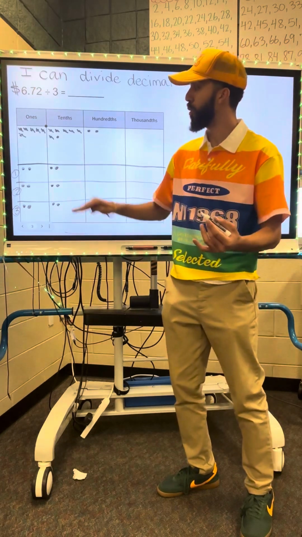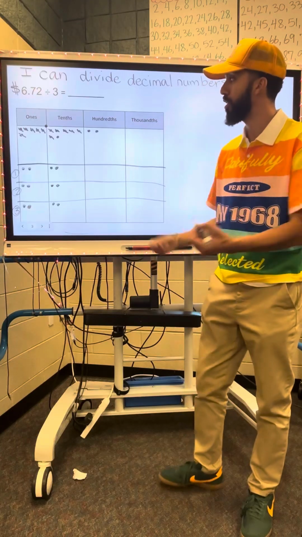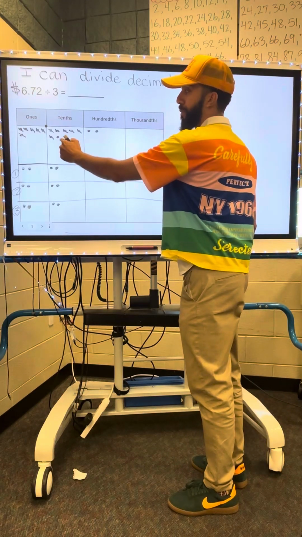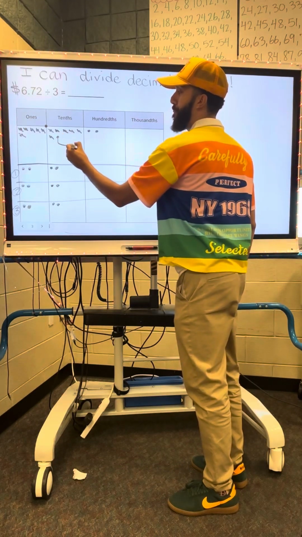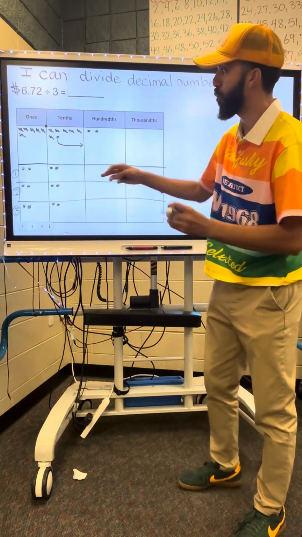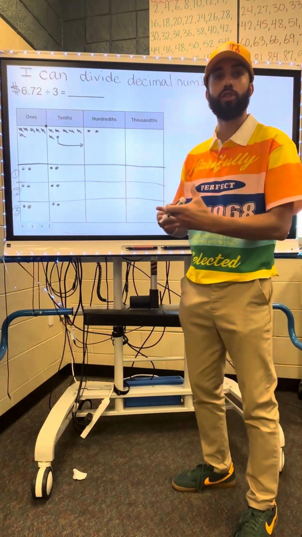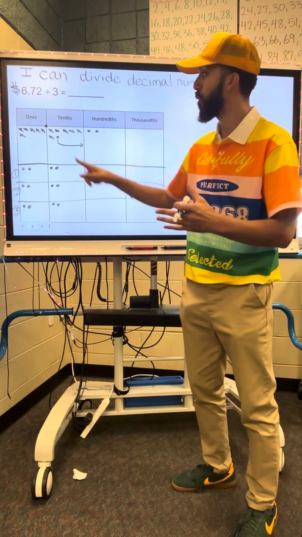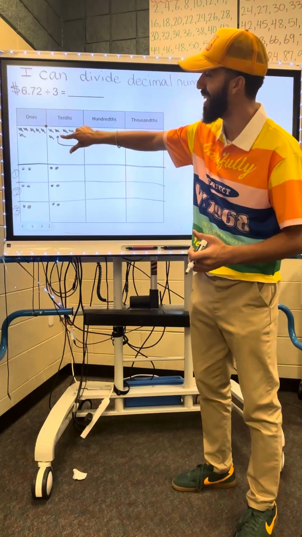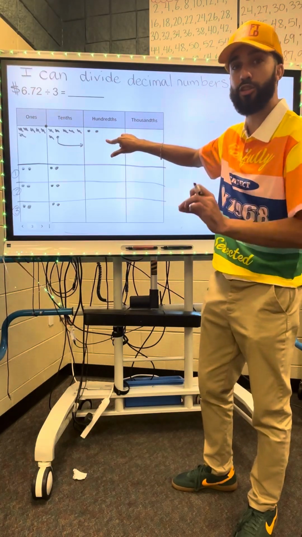So what we do when we get to a situation like this is we unbundle. We take that remainder and bring it back to the place value on the right. And we are going to unbundle it. And remember, we only bundle when we have 10. So when we unbundle, we're taking that 1 tenth and breaking it up into 10 hundredths.